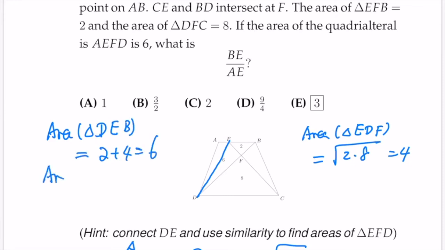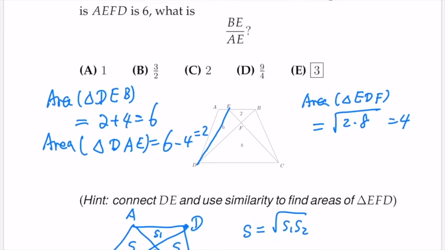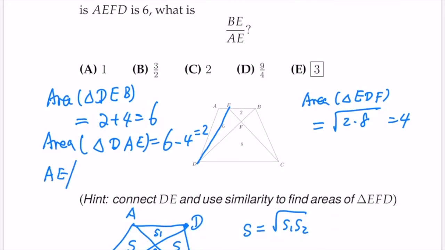And the area of triangle DAE is, by definition, 6 minus 4, that's 2. So AE over EB would be 2 over 6, that's 1 over 3. So BE over AE would be equal to 3. So that is the answer.